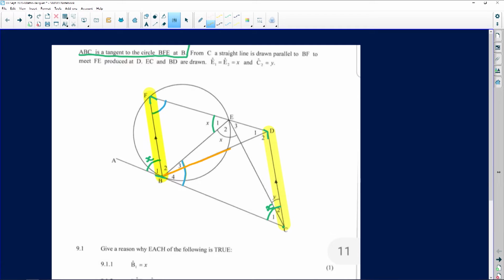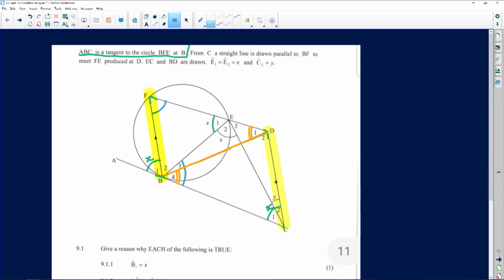BD. Now BD is a transversal that runs across from B to D, the parallel lines. So this angle here at D, I'm going to make it a little orange angle for now with two lines, is equal to the orange angle down here. Are they equal?